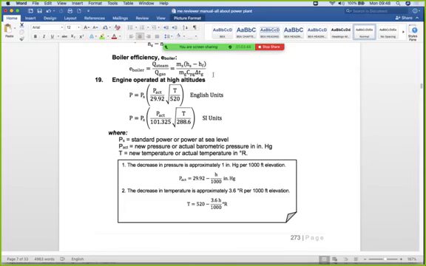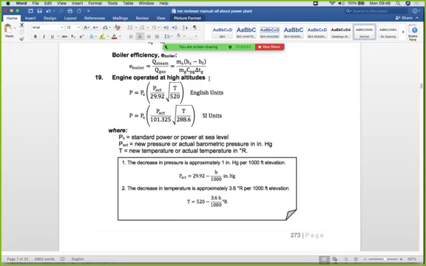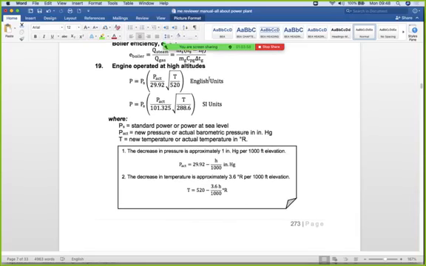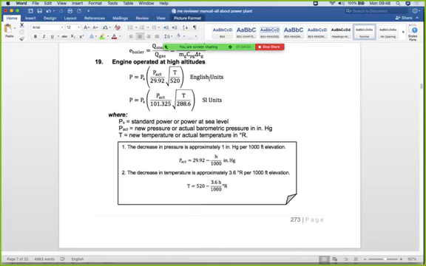So this is the formula for the heat of gas: mass of the gas, the specific heat of the gas, and the change of temperature. With regard to high altitudes, this is the formula. We have the English and SI units. PE stands for the standard power, or power at sea level.